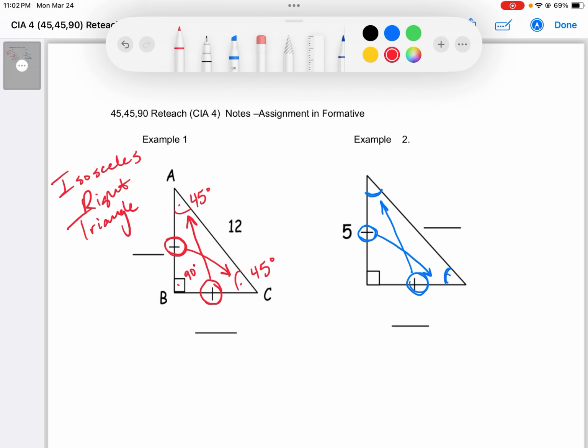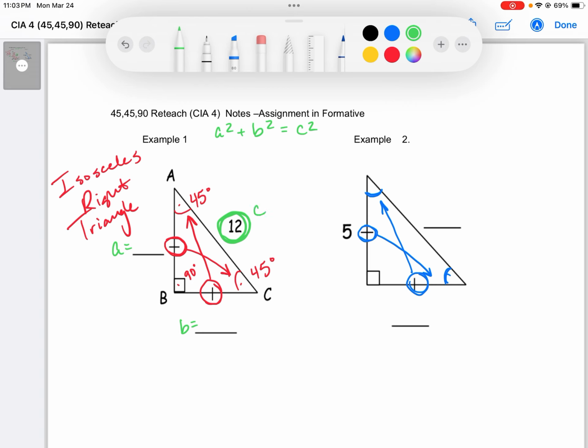All right, so you can see both of these questions give us different information. The first one gives us the hypotenuse. So these do have a pattern, but to work them out, I'm just going to start by using the Pythagorean theorem: a squared plus b squared equals c squared. We know that a and b are our sides, so we can just say this is a and this is b.